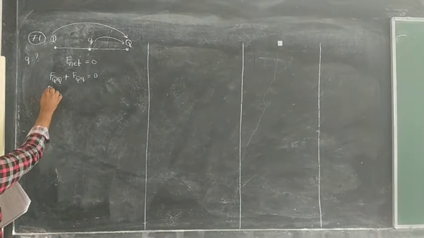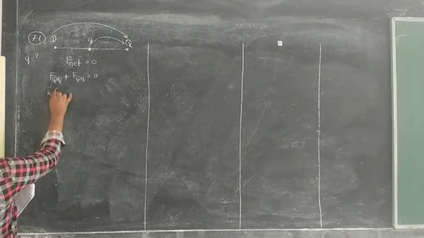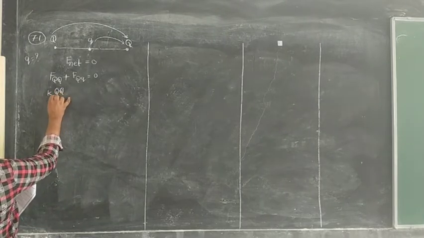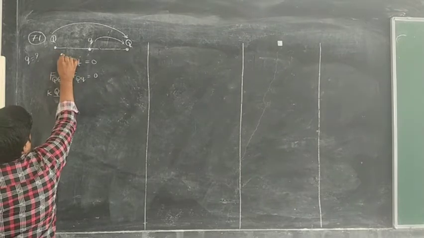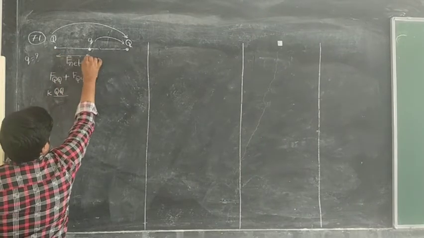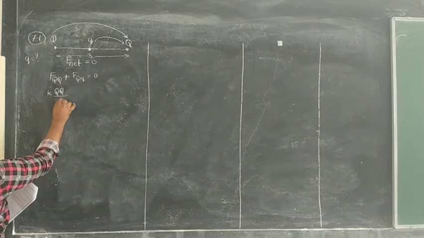Now from this we can write the force formula: K into capital Q divided by R square. The distance between the two charges is R, so I am taking R square.